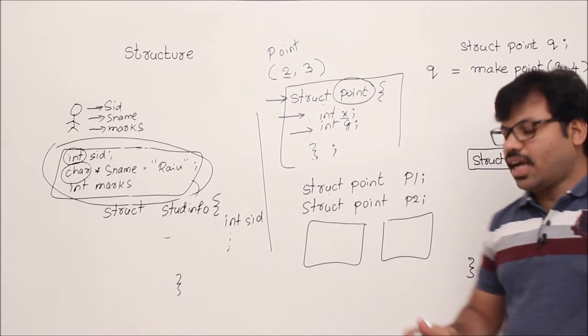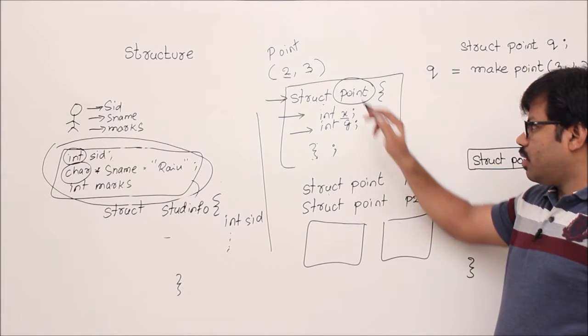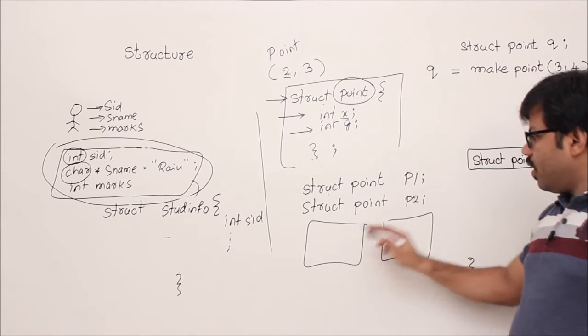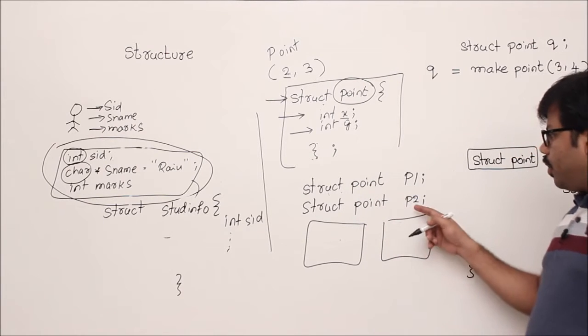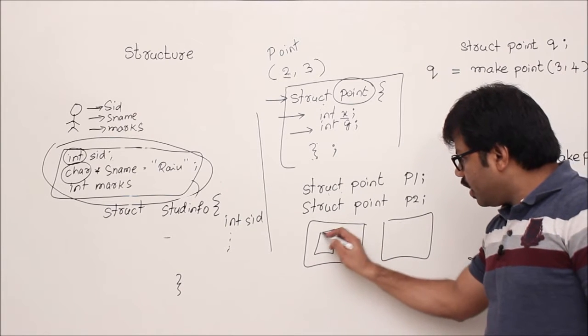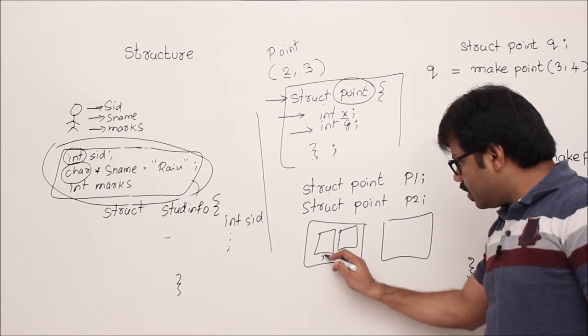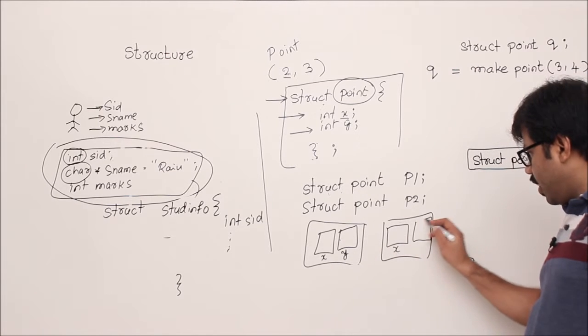But some students have this confusion: sir, x and y are the variables inside the point, right? p1 is a struct point kind of object. p2 is also a struct point kind of object. Then p1 contains two memory locations, x and y. p2 also contains two memory locations, x and y.